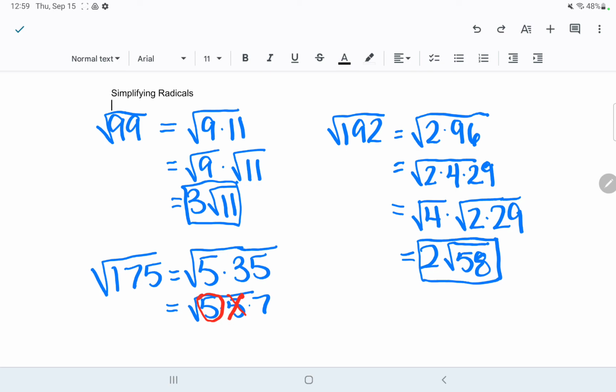And I rewrite. So the 5 that was circled in red comes outside the square root. Now all I am left with under the square root is the 7. So the square root of 175 is equal to 5 times the square root of 7. And that's your review of simplifying radicals.